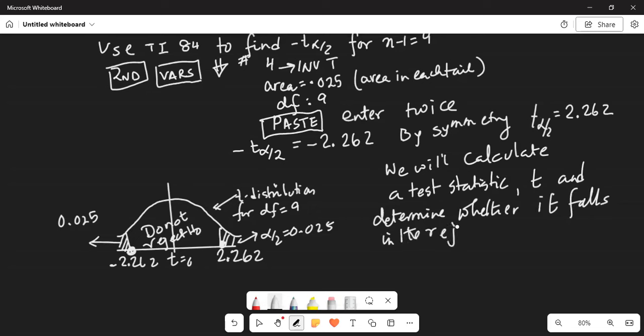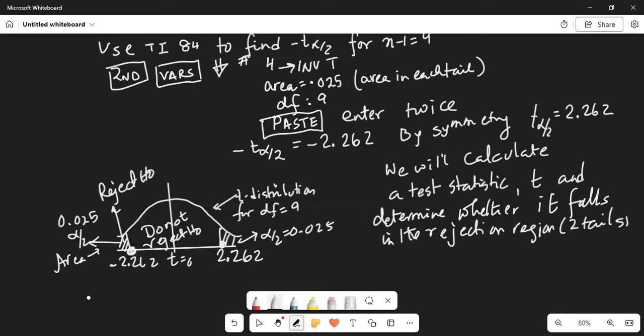The rejection region is where we reject H0. This is alpha by 2, the area of 0.025. So reject H0 in the shaded region, also reject H0 on this side. Or it falls in the center, which is do not reject H0.